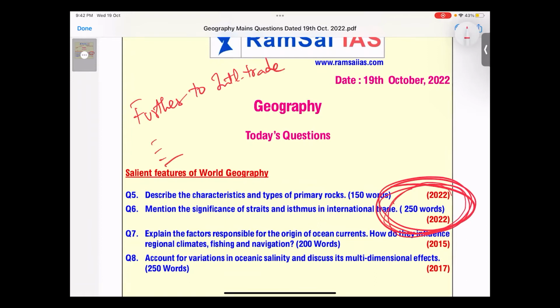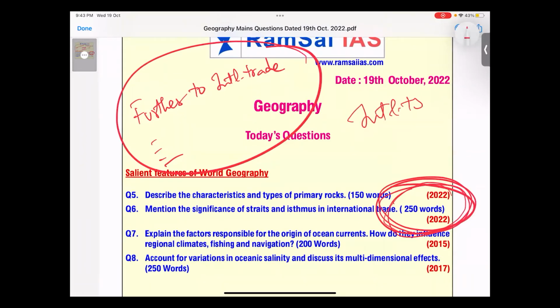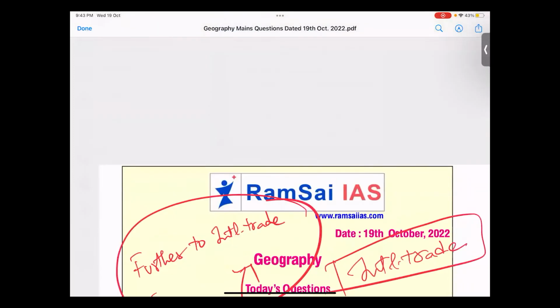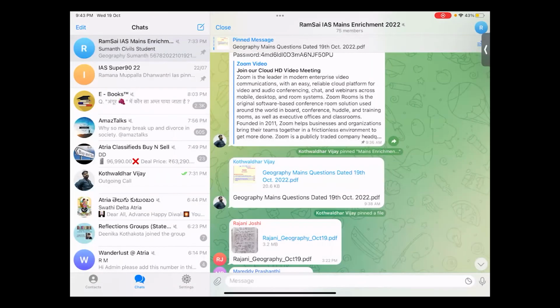This can be a micro dimension. I am not saying this to glorify it. Your major dimension will be international trade only. You will write significantly about international trade. And just to give another dimension, you say further to international trade, straits and isthmus have these applications also. And then conclude. Clear? Yes, sir. Because it's a 250-word answer. If it were 150 words, you would not have so much time or space to write.